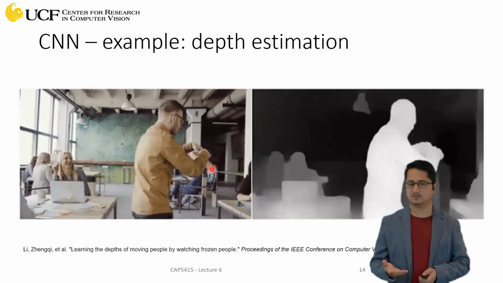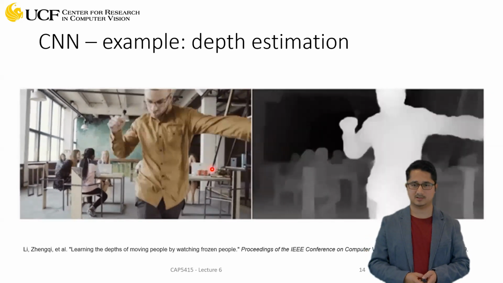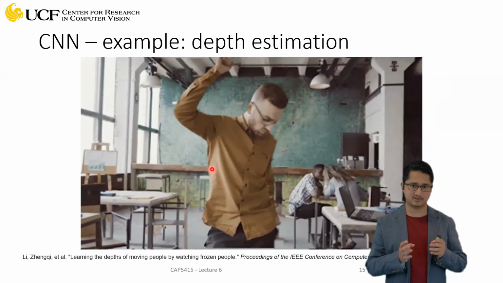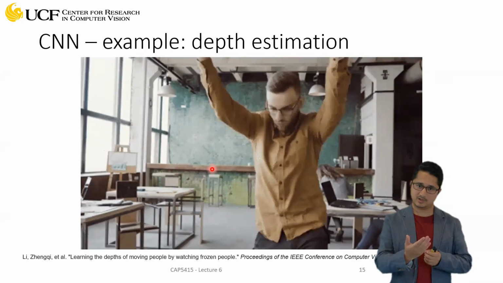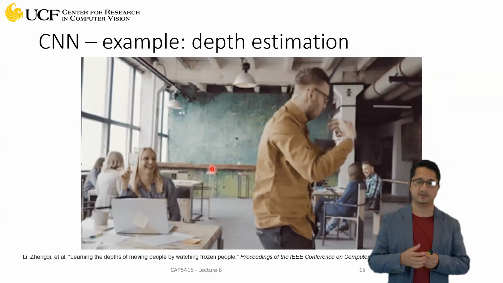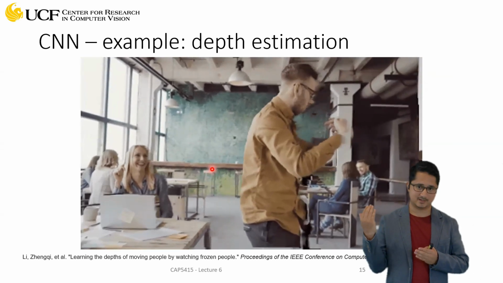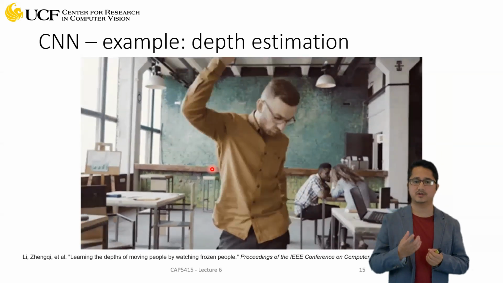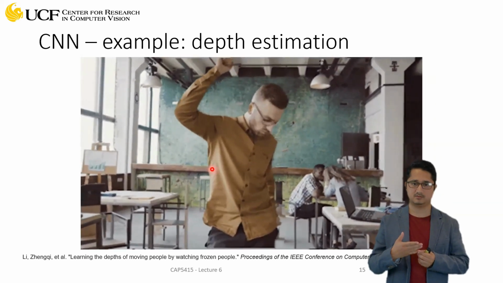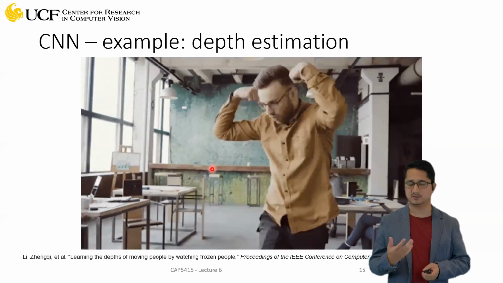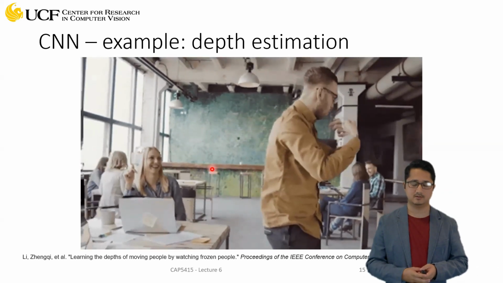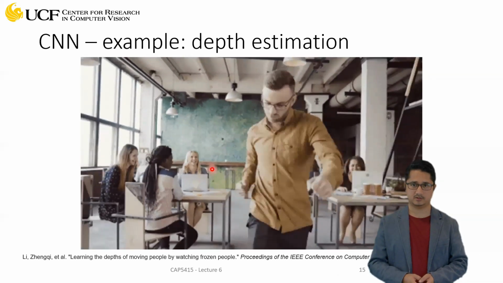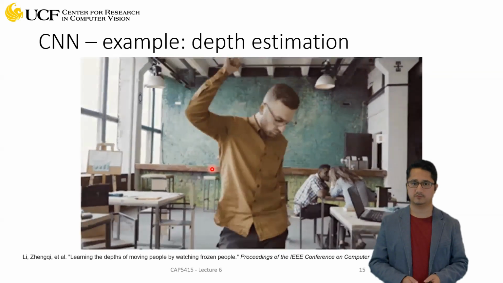There are a lot of applications of this depth estimation. One interesting application is that you can create a stereo effect, because if you have this sequence of frames and you know the depth of each pixel, then at a certain time step you can extrapolate or predict the hidden pixels, because you know the depth. This is just one example of an application of depth estimation; there are a lot of others as well. I think this is a pretty cool example to show how powerful these CNNs are.